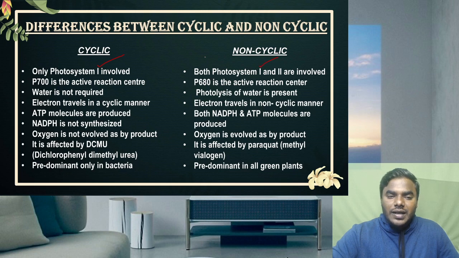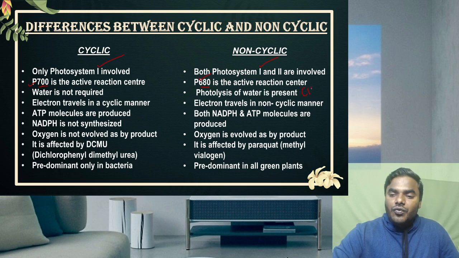Here both are there. Here P700 is the active reaction center. Why? Because chlorophyll A absorbs light maximum at 700 nanometer. Here also chlorophyll A absorbs the light at 680 nanometer. And remember, photolysis, the breakdown of water, only takes place in non-cyclic, it cannot take place in cyclic.